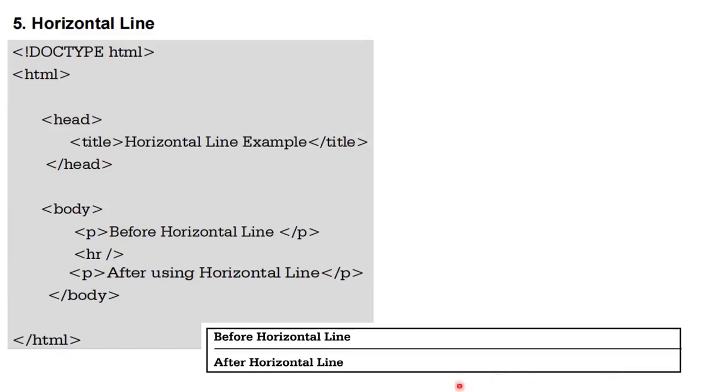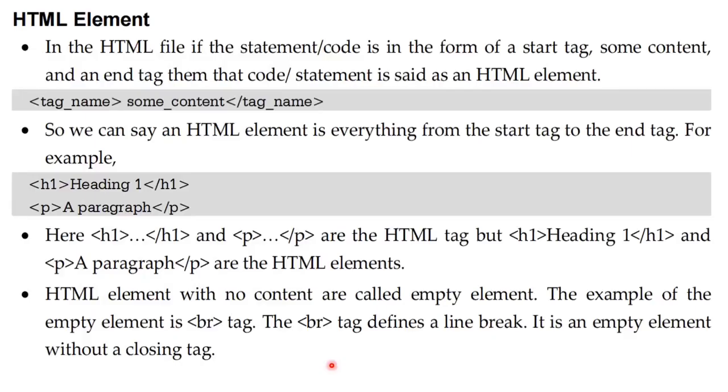Okay, this is again an empty tag. If you have your HR tag here, the line is drawn and the next statement will be thrown to the next part. This is where you make your website legible and easy to read.